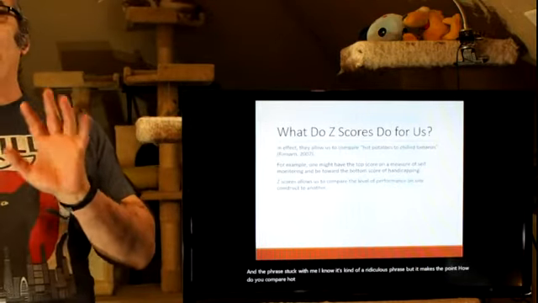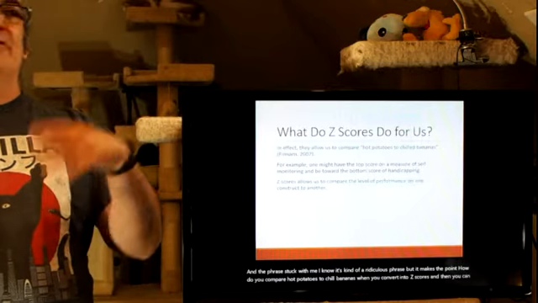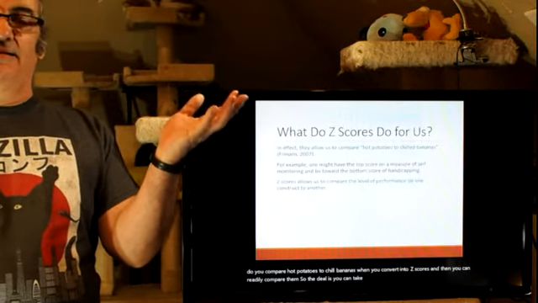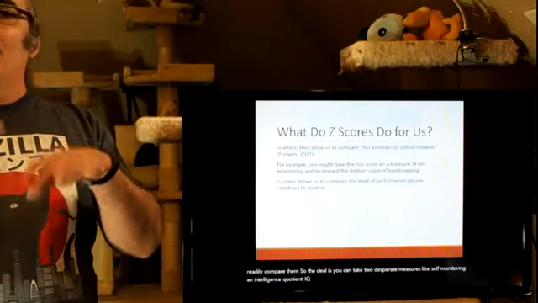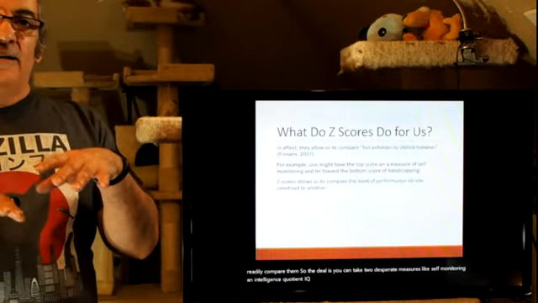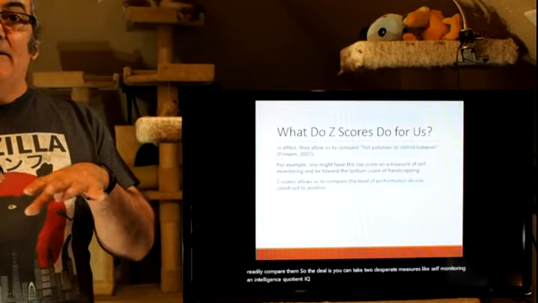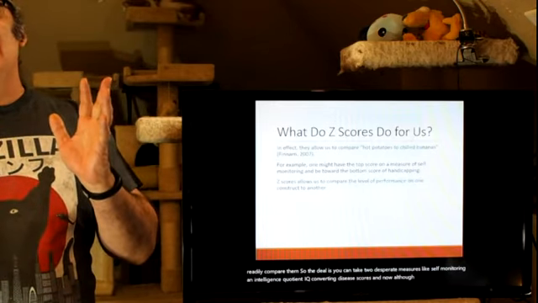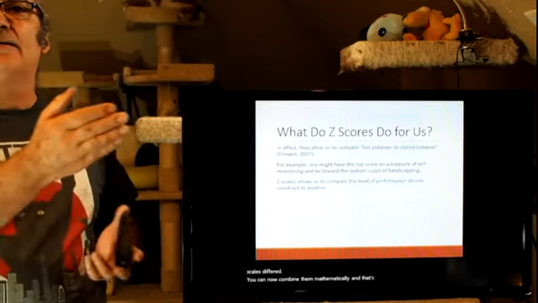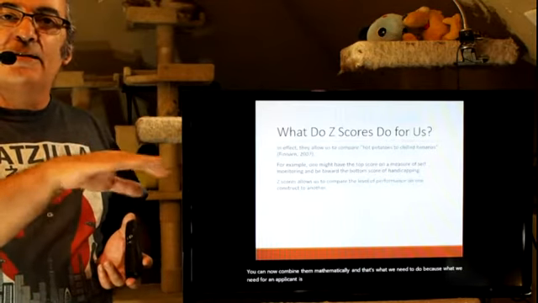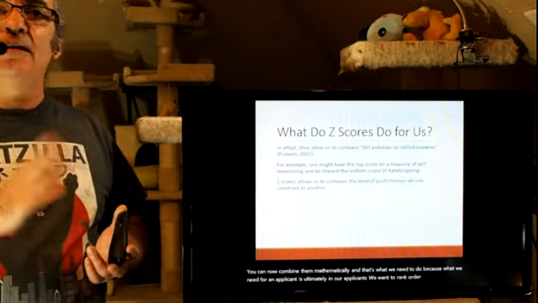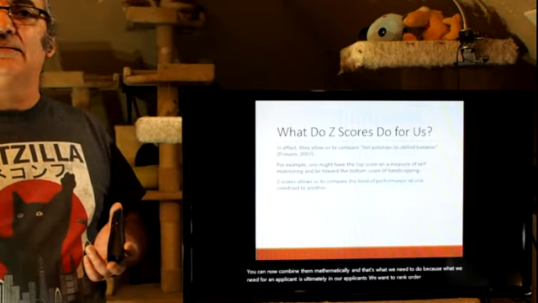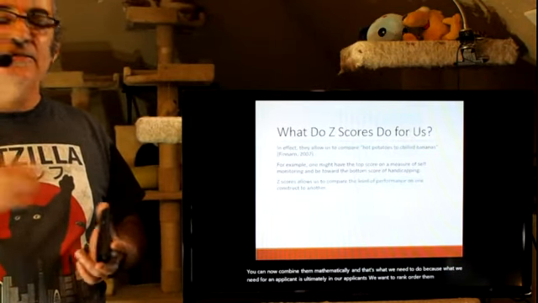So the deal is you can take two disparate measures like self-monitoring and intelligence quotient IQ, convert them to z-scores, and now, although their scales differed, you can combine them mathematically. And that's what we need to do, because in our applicants we want to rank order them in terms of their score on our tests, but we need to combine the information from widely different tests.